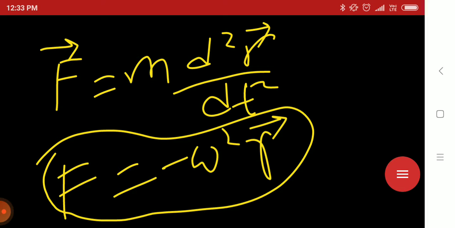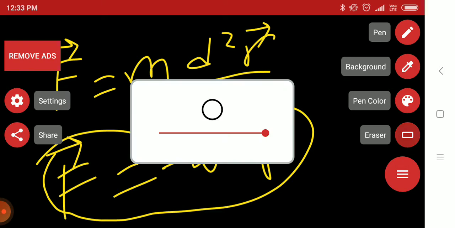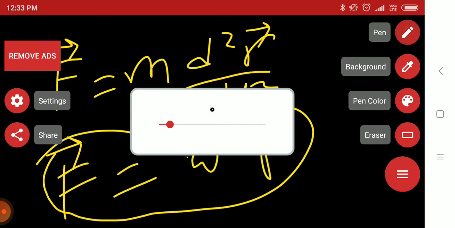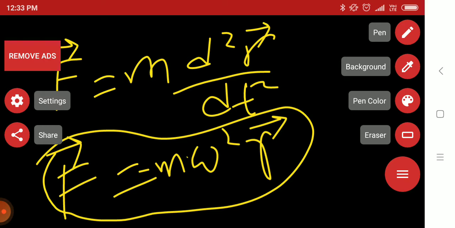So we have got the force. Now we have to know the nature of the force, whether it is conservative or non-conservative. Sorry, one m term will be there: minus m omega square r.